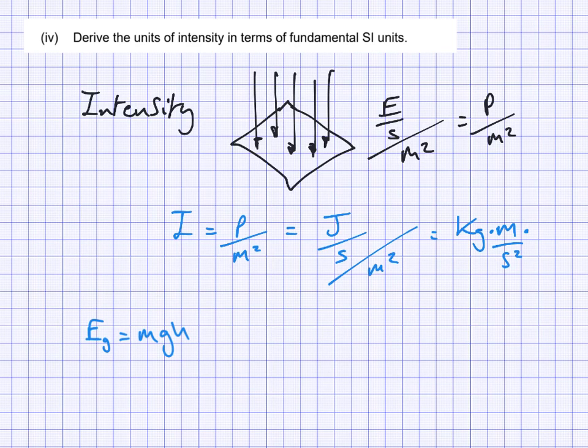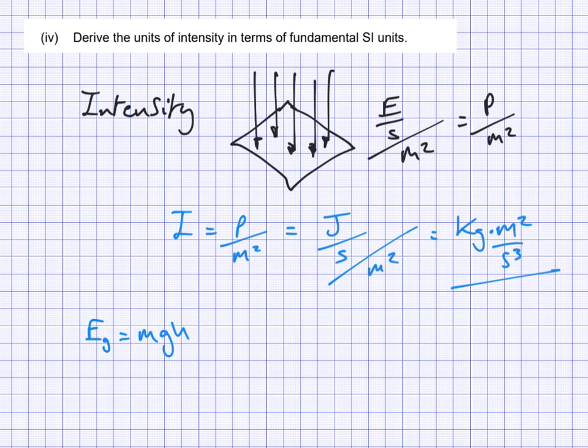And then height is meters again. And then we're going to be over seconds. So I'm just going to make that to the power 3. And just to make it less confusing, I'm going to make this meters squared over seconds cubed.